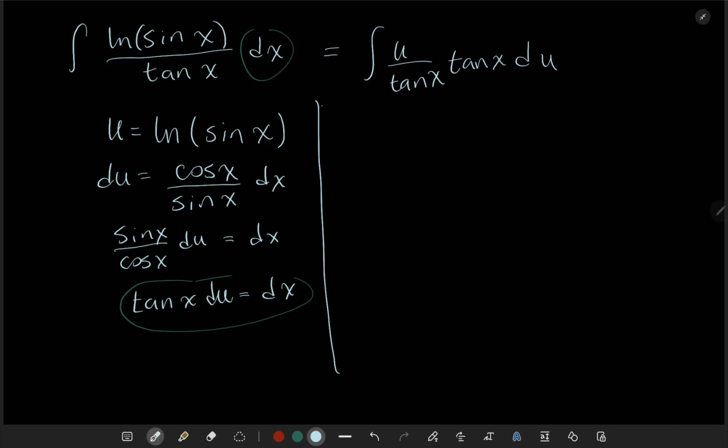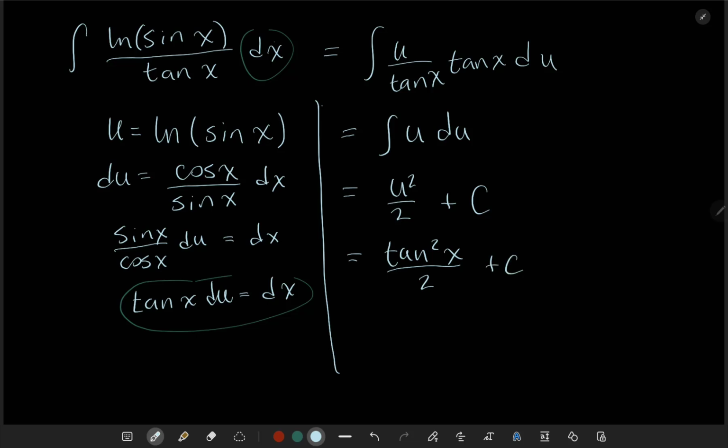So tangent multiplies, tangent divides, it cancels, and I get that this is the integral of u du. I can integrate u squared over 2 plus c, and then I can just take back my substitution and write it as the natural log of sine x, squared, all over 2 plus c. And that gives me that integral right there.